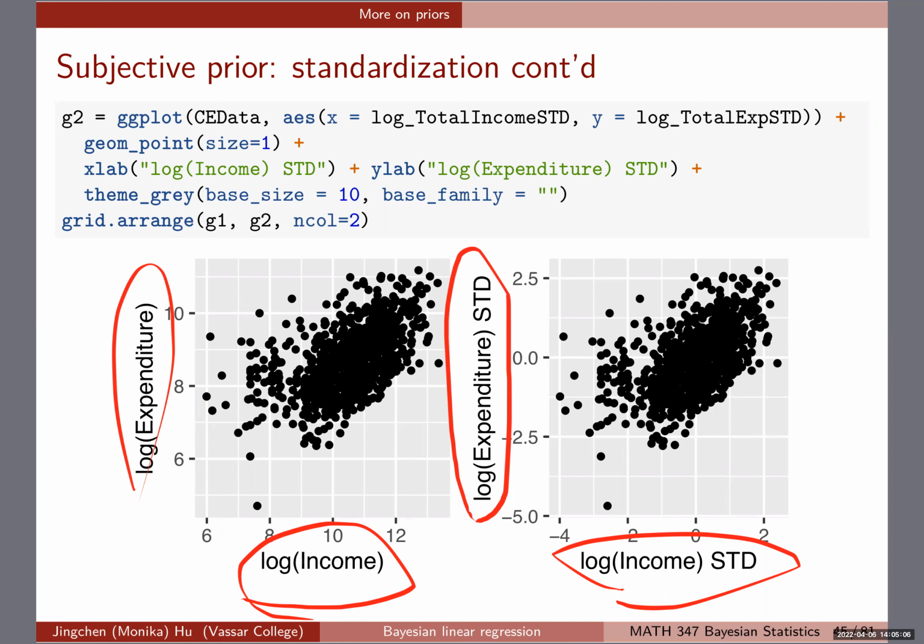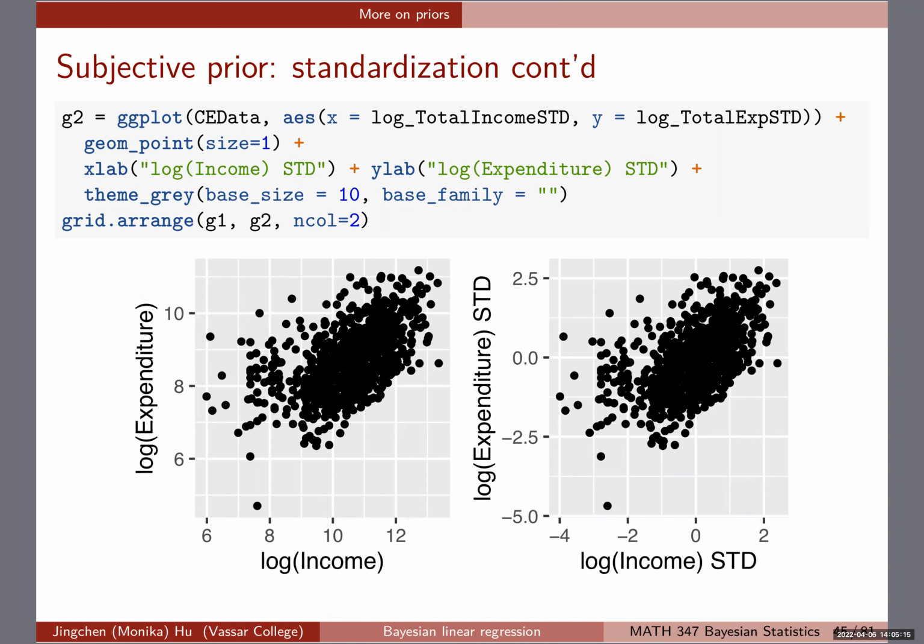Standardization is in a lot of ways trying to make the model a little bit easier to fit, especially from the frequentist point of view. But for us, we introduced this mostly to show you how you can actually give a subjective prior. If you look at the range of the data, originally we have 6 to 10-ish on the y-axis, that's the log expenditure, and 6 to 12-ish on the log income.